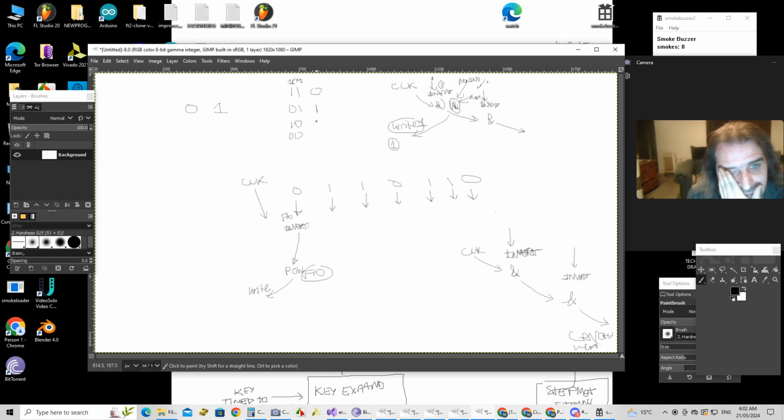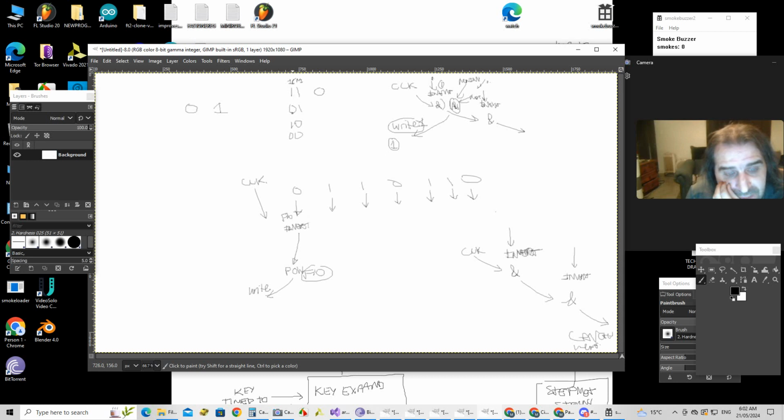Then I turn into a 1. If I didn't carry and I'm a 1, I turn into a 1. If I did carry and I'm a 1, okay. If the last one changed into a 1 and I'm a 1, I'm a 0.